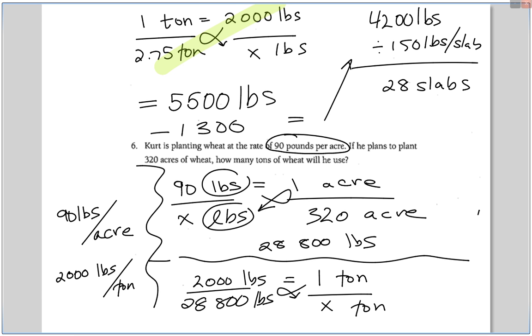Hopefully you're quite fluent with cross multiplication. 1 times 28,800 is just going to be 28,800. Then you need to divide by the number across from x. 28,800 divided by 2,000, and you get 14.4 tons of wheat.